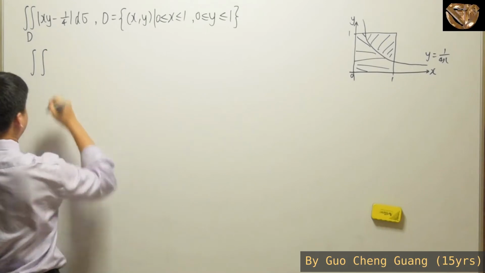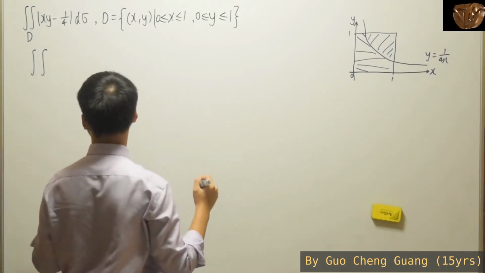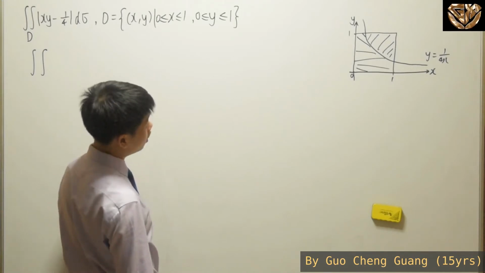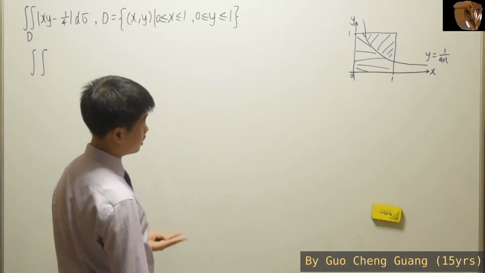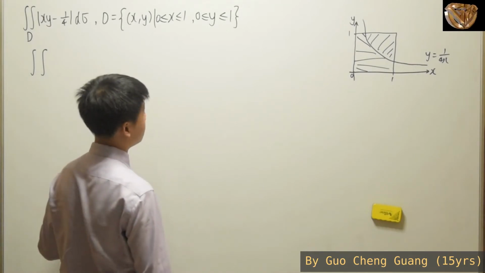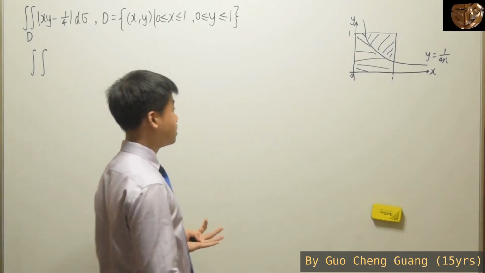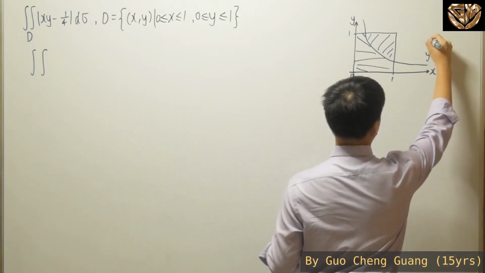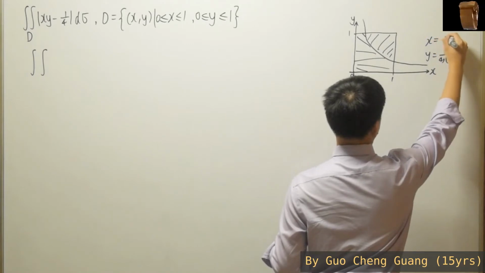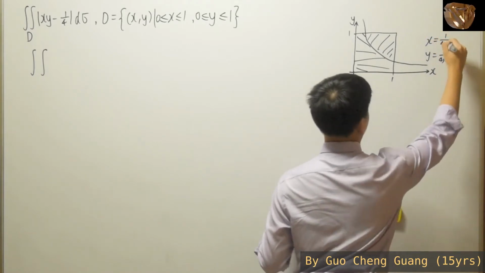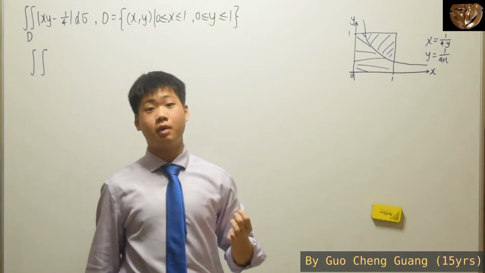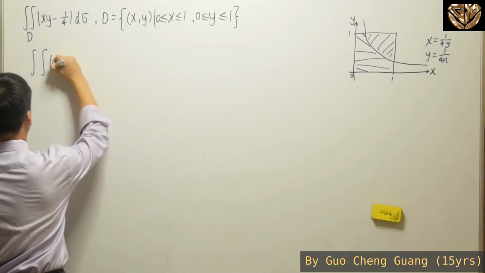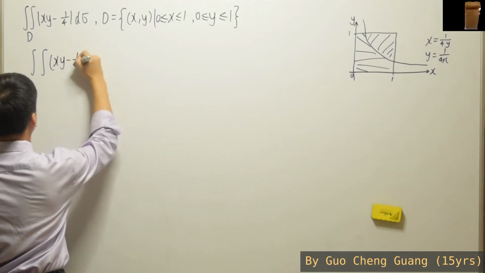Now, we will take a look at these parts. How about we integrate with respect to x first? Or y first. It's all up to you. So if you want to integrate with respect to x first, that means you would have to change this into x is equal to 1 over 4y. Alright, so you can choose either one depending on your choice. So now we can change this into just a bracket.